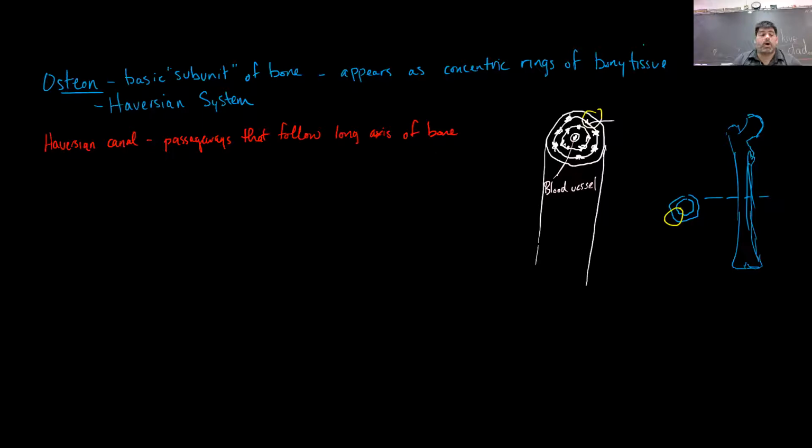So these little pockets, and I don't know if you recall, when we talked about cartilage, we talked about the little pockets where the cartilage cells resided. It's actually got the same name. We call these little pockets lacunae.